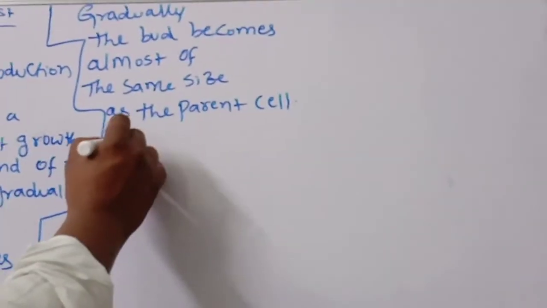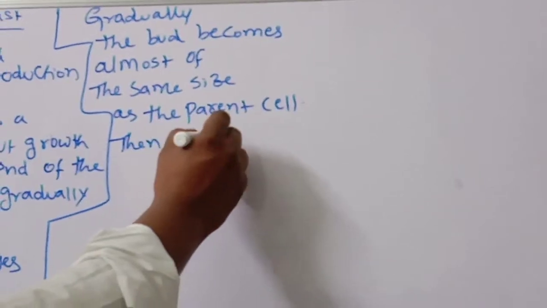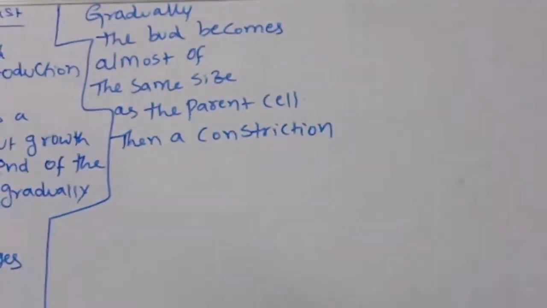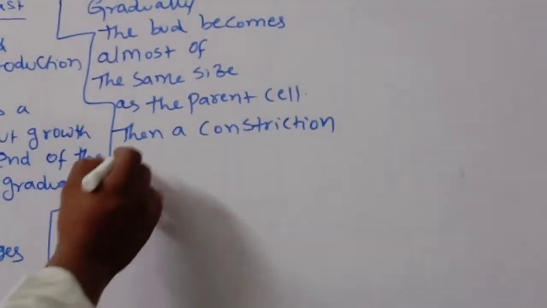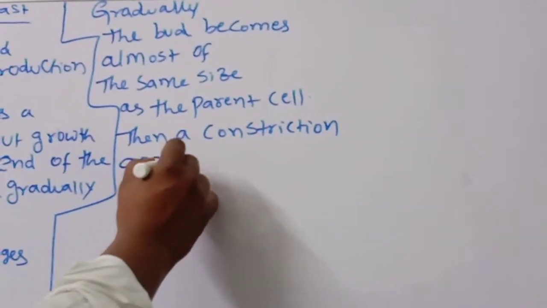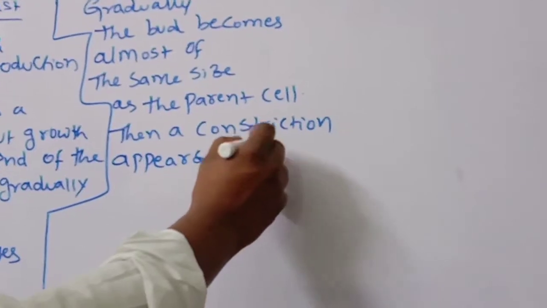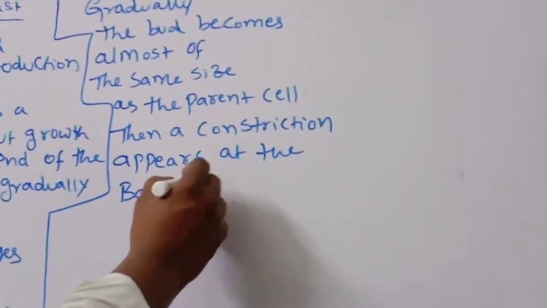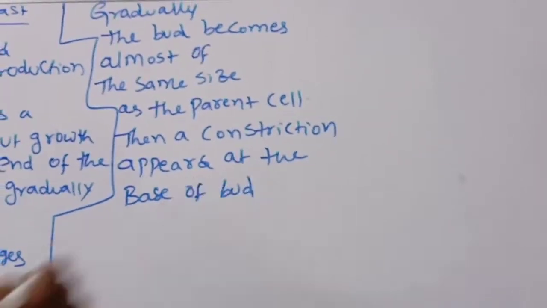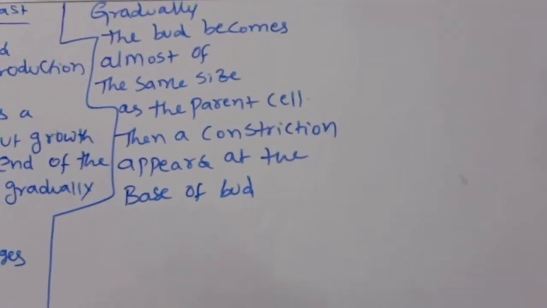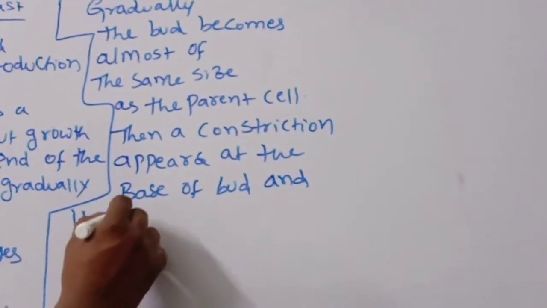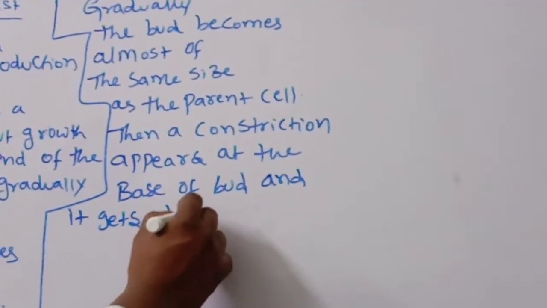Then a constriction appears at the base of the bud, and it gets detached.